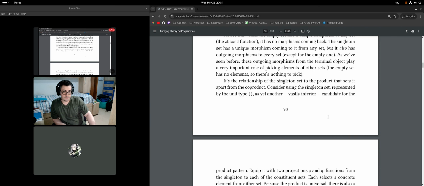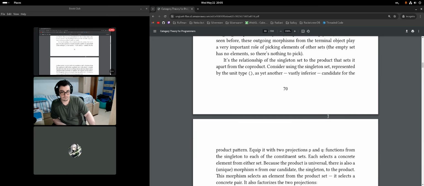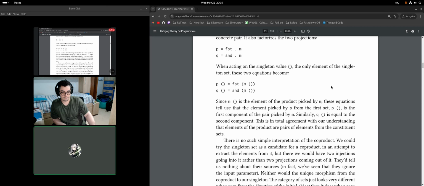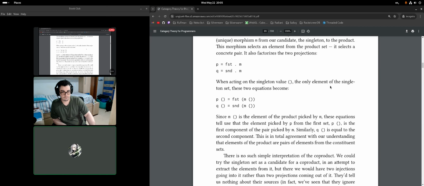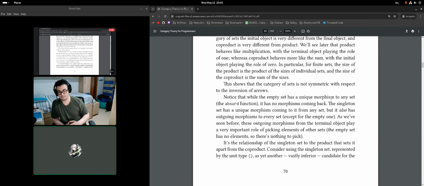He mentions the asymmetry: when you have the Void type, there are no arrows going into it. But for the unit type, which is the terminal, there are actually arrows coming out of it. That's because functions are not symmetric, and he explains why in the following page.